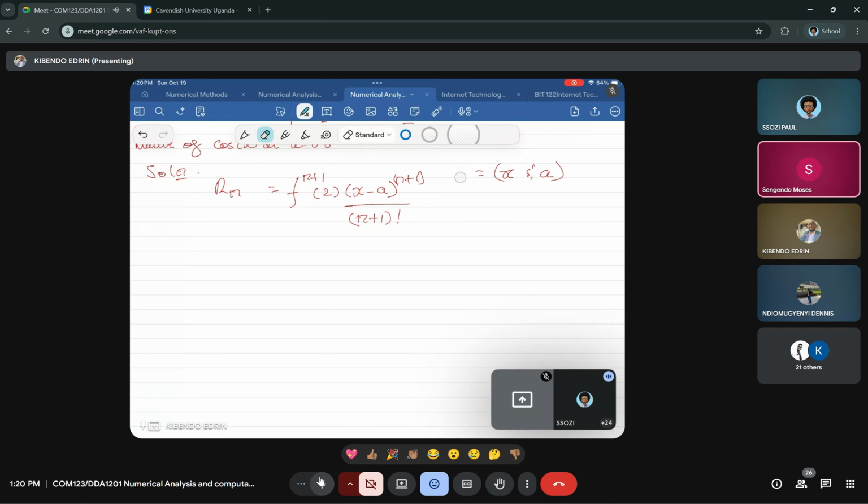If you want to write a Z, you can put a bar at that one. It's better.